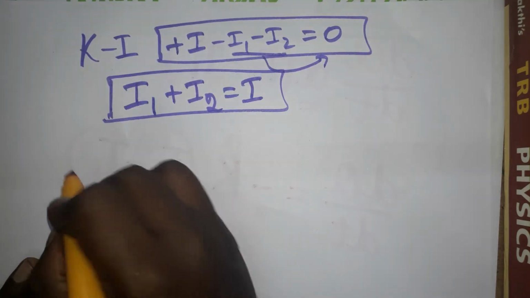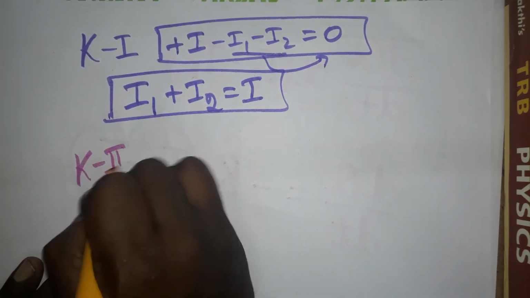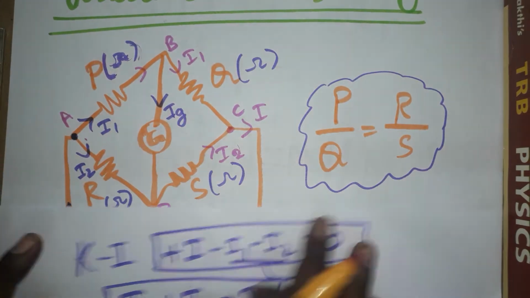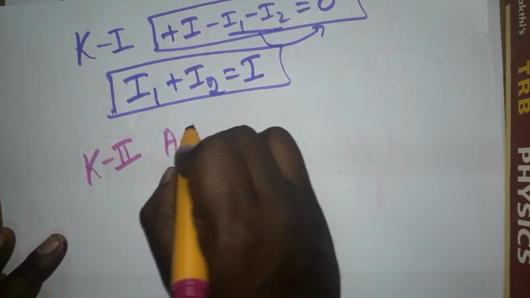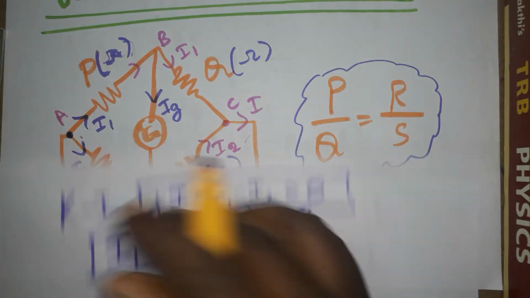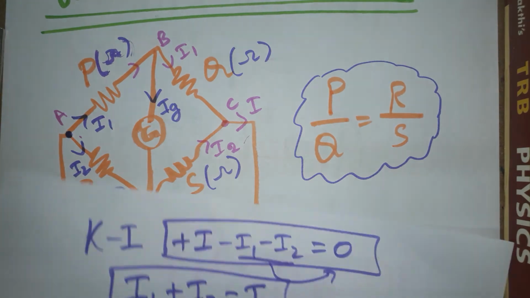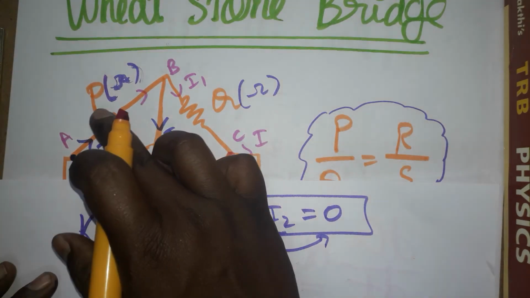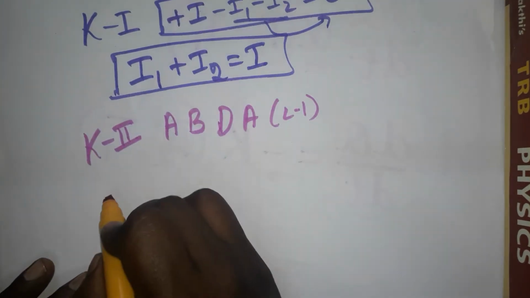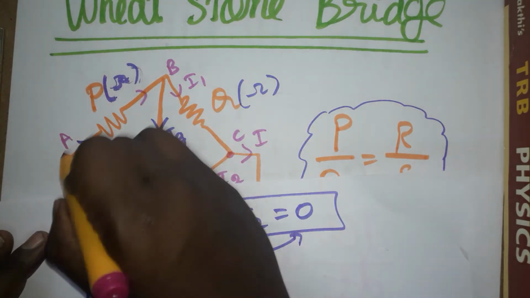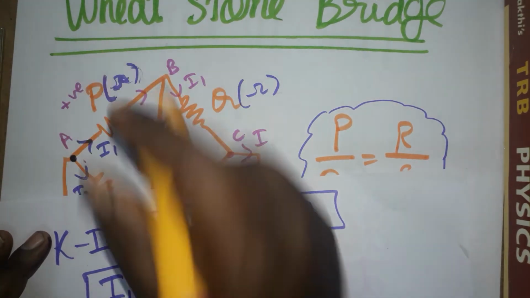Now I am applying Kirchhoff's second law, the loop law: the algebraic sum of all the voltages will be 0. The loop I have taken is A, B, D, A, loop 1. AB has I1 current and P resistance; the current direction is the same as the loop direction, so we take it as positive.